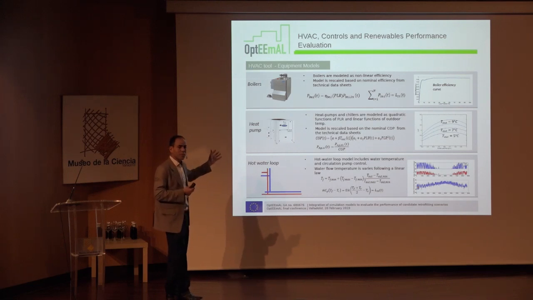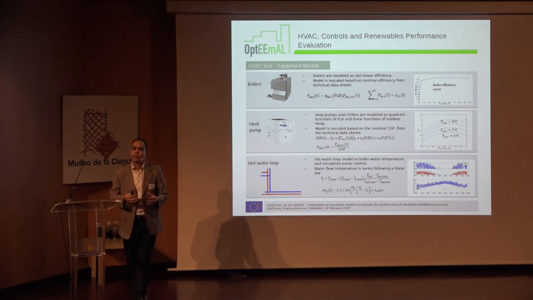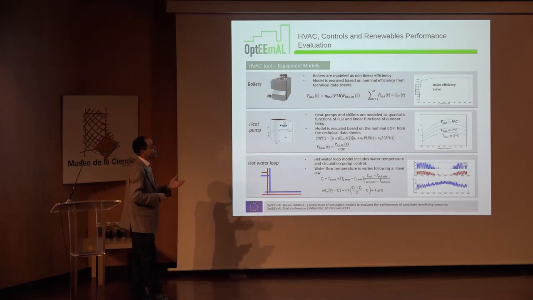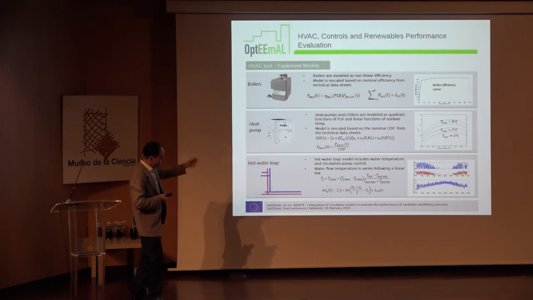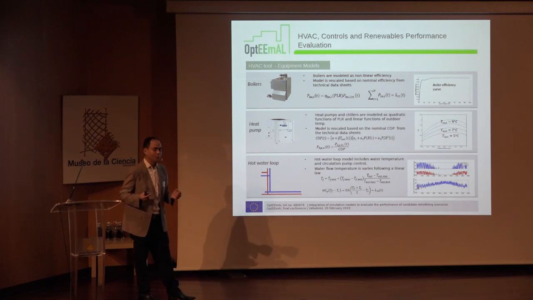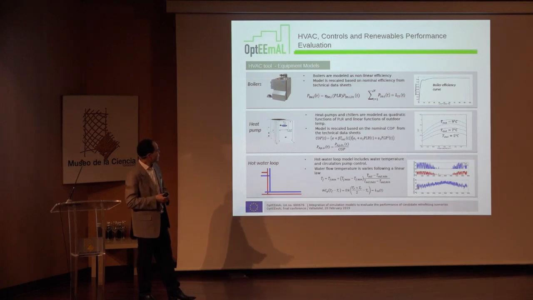Similarly, we have heat pumps and chillers that are modeled as COP functions of the outside temperature and also of the part load ratio. Then water loops, hot water loops and chilled water loops as well, which take into account the circulation pumps, the water supply temperature, and also the return temperature.